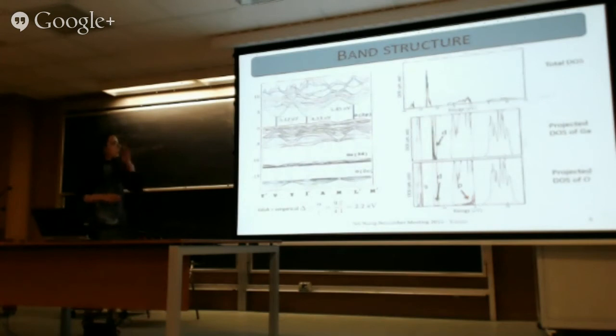This picture shows the band structure of gallium oxide in the structure with 12 atoms. There is a direct gap at the gamma point and an indirect gap at the V and L prime points.